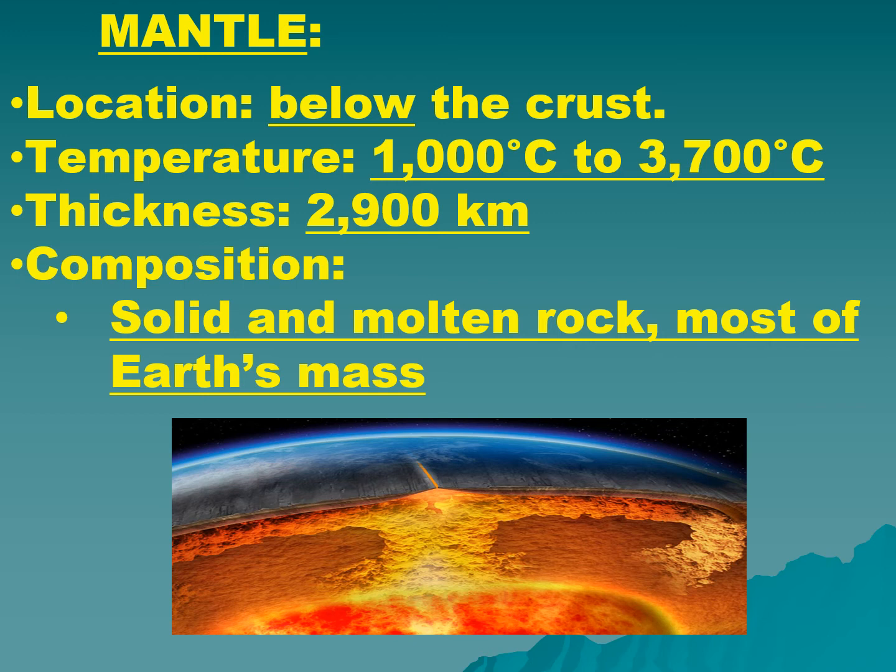Its thickness, being the thickest compositional layer, is about 2,900 kilometers. It is made of solid and molten rock. Most of the Earth's mass is found in the mantle. Remember, it's solid and molten rock. It is not liquid, but it is a melted, ooey gooey rock.